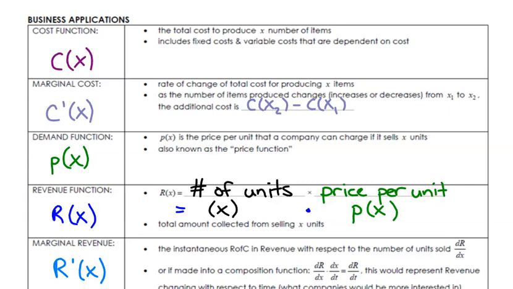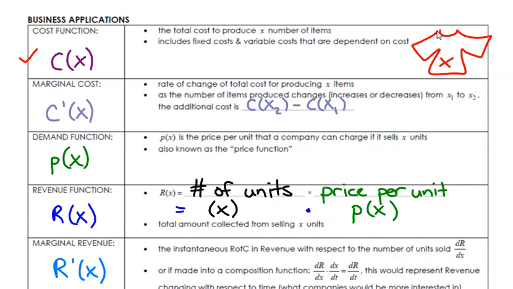Okay, so business applications. Now, I'm not super business techie, so I am going to try my best to explain this. All right, let's just talk about t-shirts. Let's say that X represents the number of t-shirts. So a cost function, and by the way, I'm going to try my best to remember all of these different color codes so that I can use them for the next couple of examples.